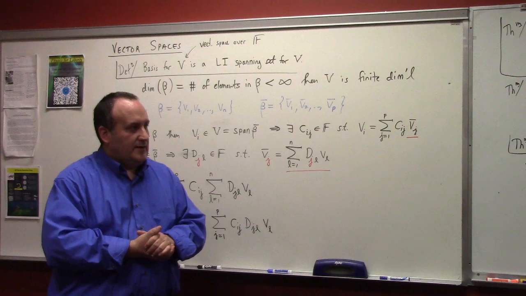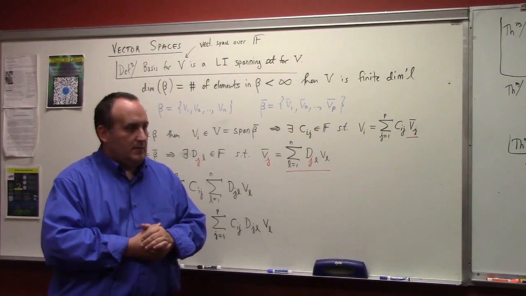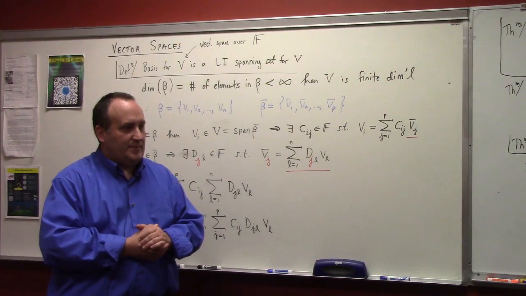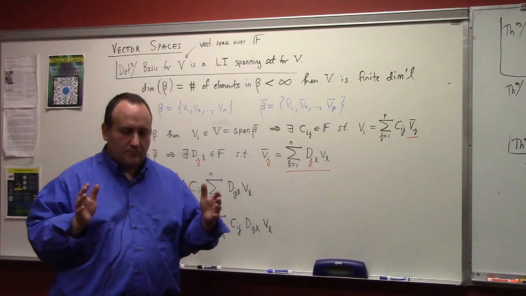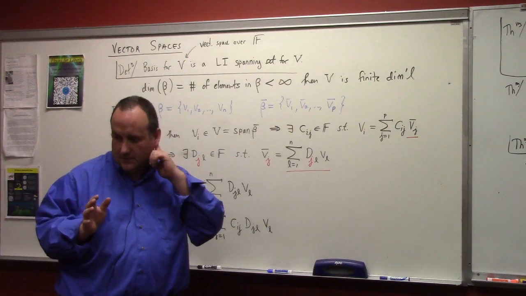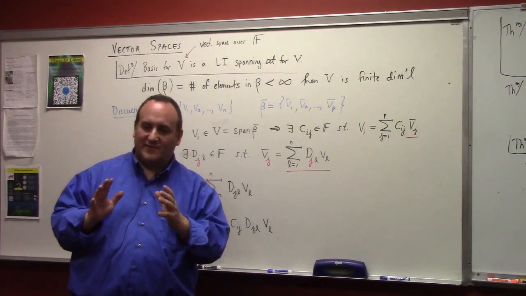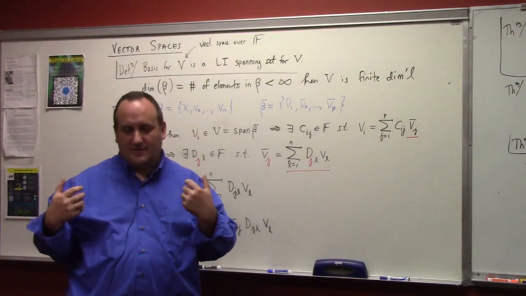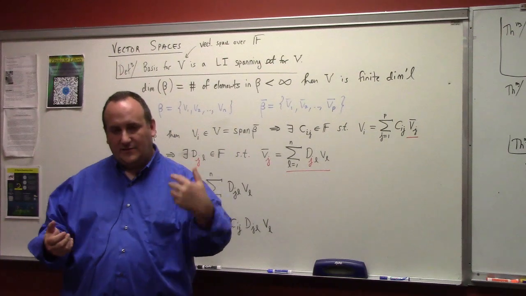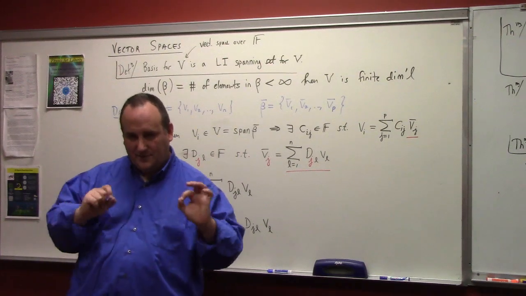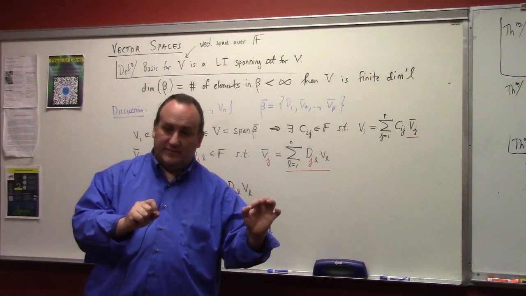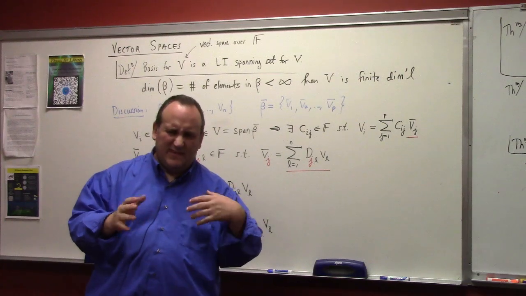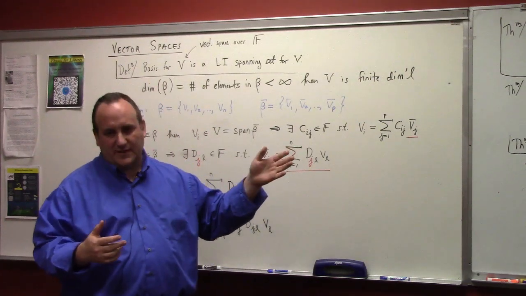Fine. Another way to categorize linear independence, though, is that you have the equating coefficients property. So if every time we take a linear combination from the set equal to another linear combination from the set, we can equate coefficients, that is equivalent to linear independence. It's pretty easy to see why that is equivalent to the proof that we gave, right?